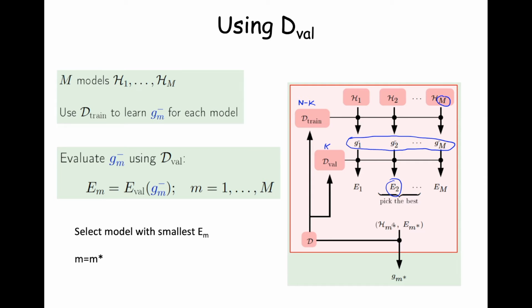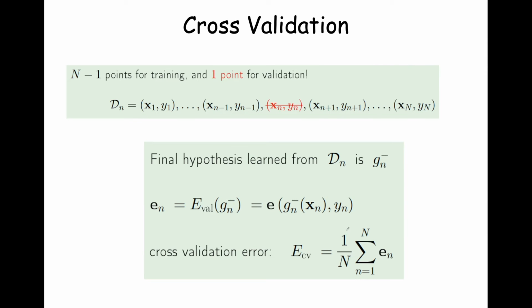We run learning again, this time with the full data set, to get our GM star. And so we try to strike a balance between wanting K big and wanting K small with cross-validation.